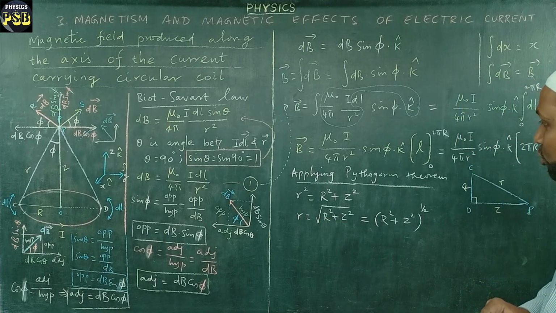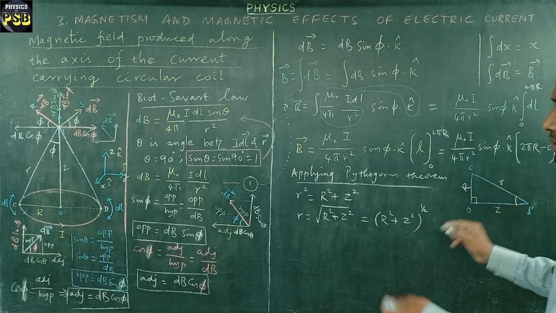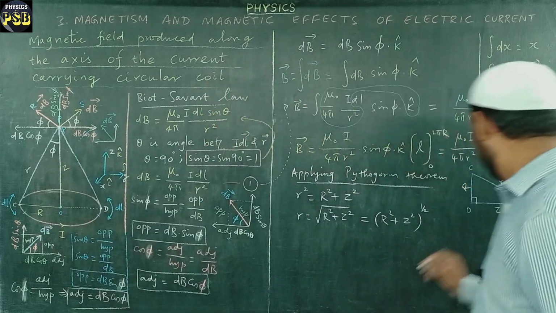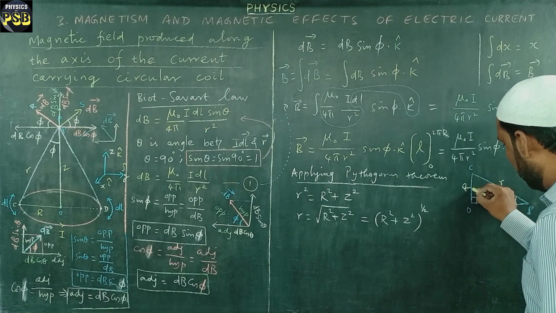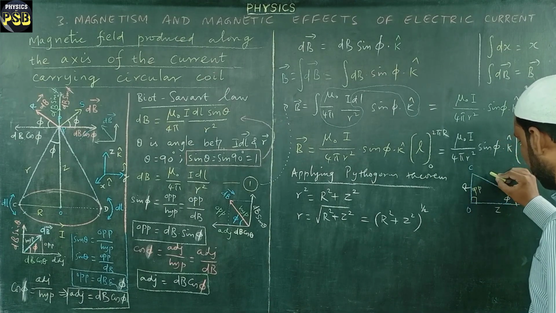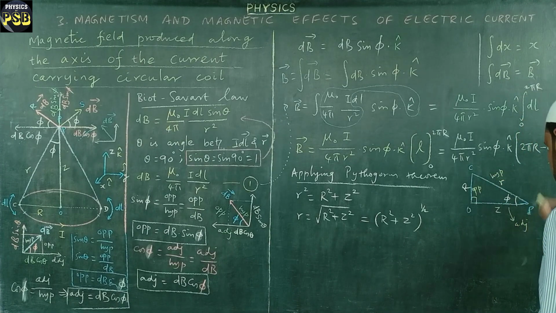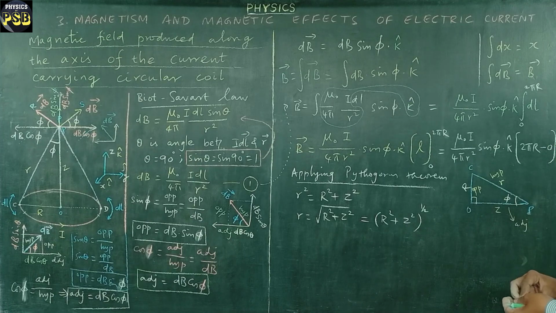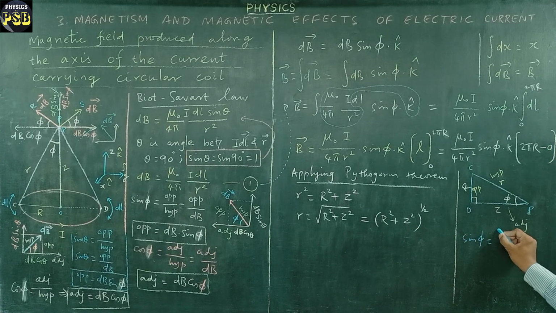Then I will find out the value of sine of phi. Here the angle between OP and CP is nothing but phi from the diagram. This is the opposite side, this is the hypotenuse, and this one is the adjacent side. Sine of phi is nothing but opposite side divided by hypotenuse.